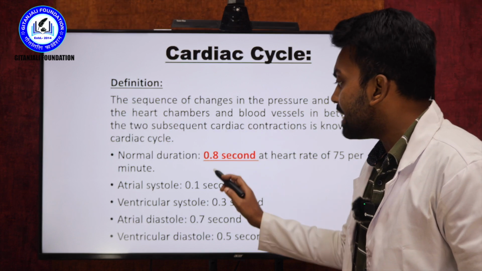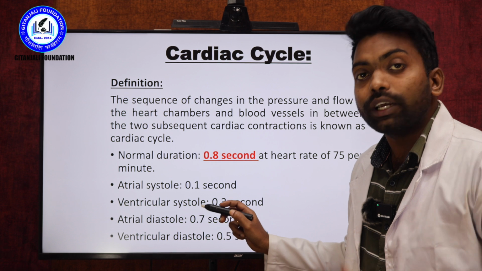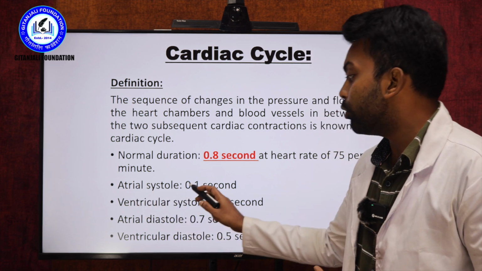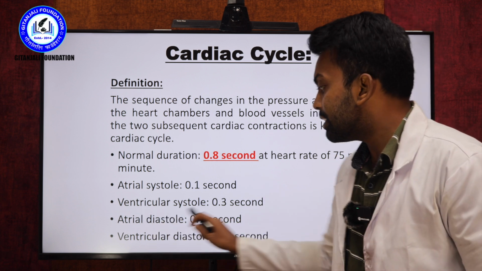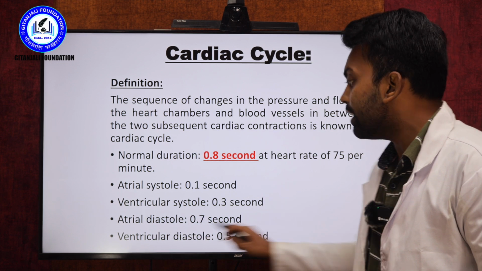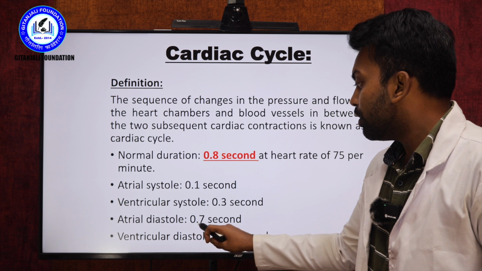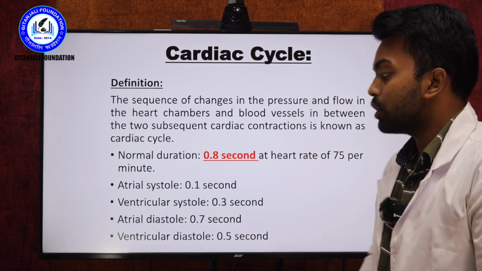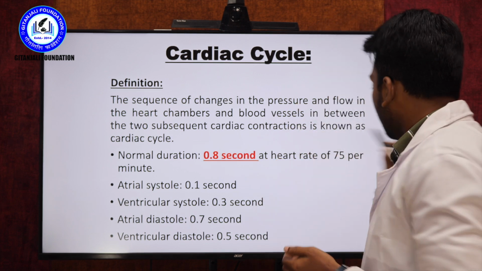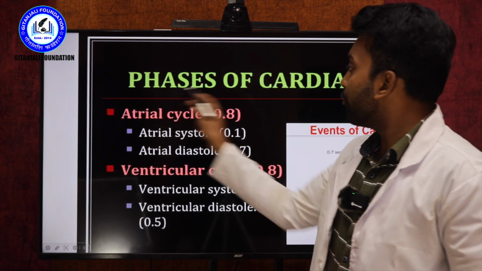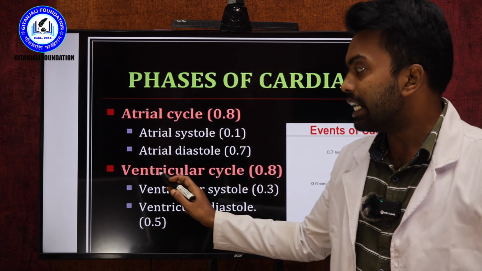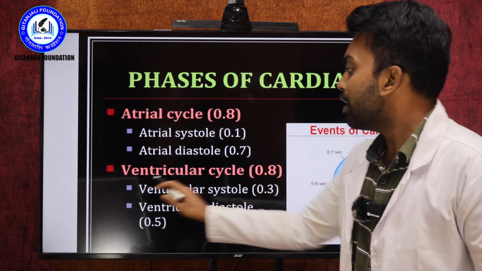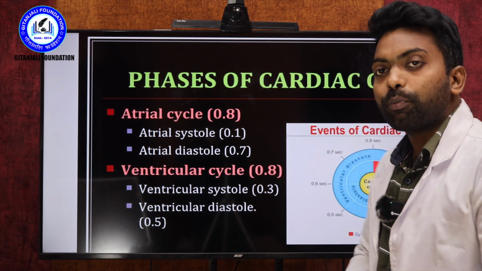Within the 0.8 second, as I told you, there are events. The first event is atrial systole, about 0.1 second; ventricle systole, 0.3 second; atrial diastole, 0.7 second; ventricle diastole, 0.5 second. Let me show one more thing: the phases of the cardiac cycle. The atrial cycle is about 0.8 second and the ventricle cycle is about 0.8 second.